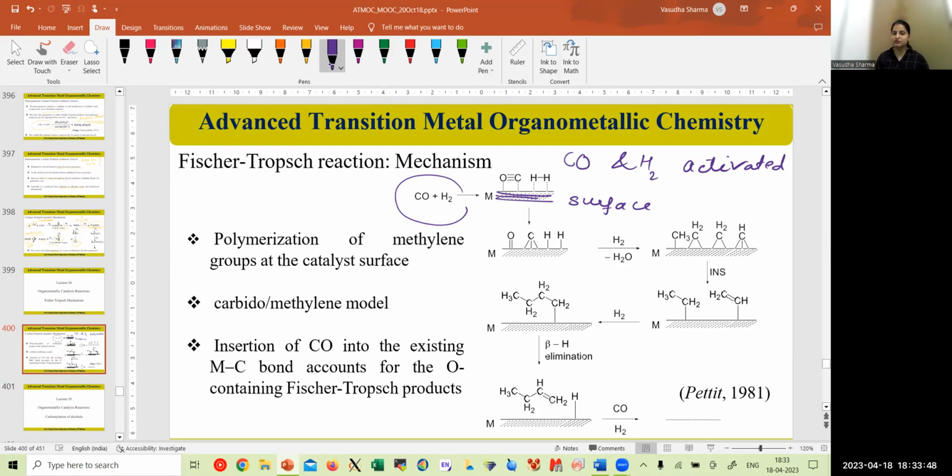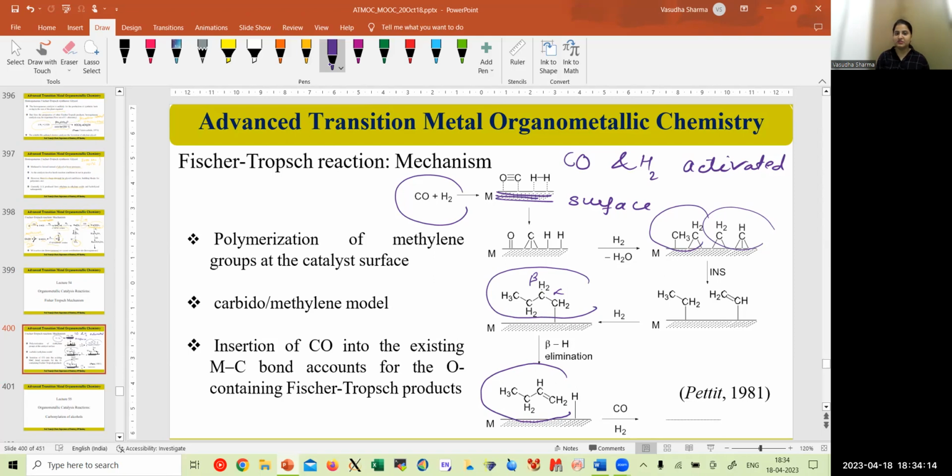It will form CH3, CH2, and CH2. Then they will combine together to form CH3, CH2, and CH2CH. Again, in presence of H2, all will get combined, and this will give you a chain of 4. After the beta hydride elimination, this is alpha and this is beta, and this hydrogen will go off, and this will give you a polymer.